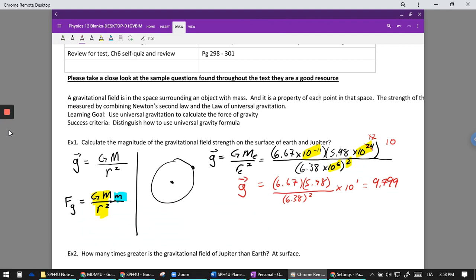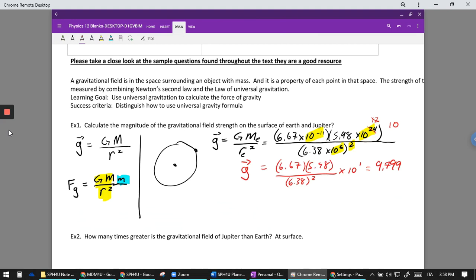Now, the question also asks to figure out what's the gravitational field strength on Jupiter. So I'm going to go ahead and put a little E there, and then I'll put a little J right here. Okay? So that's Jupiter. And you're going to use the same formula, with the radius of Jupiter and mass of Jupiter, squared.